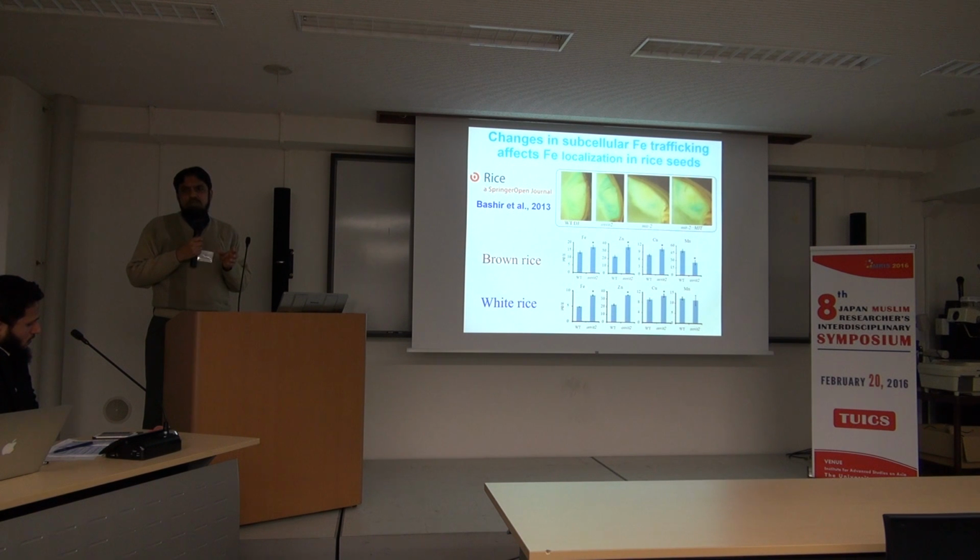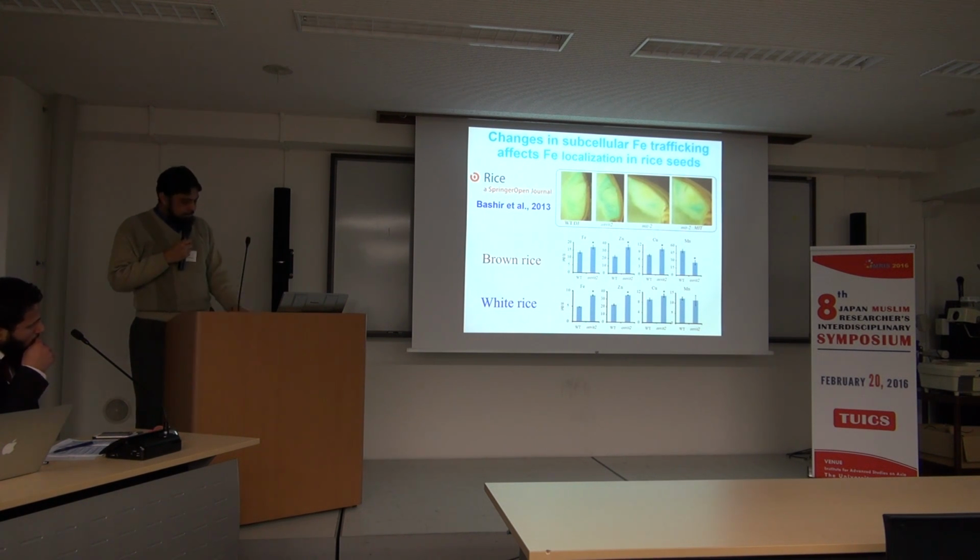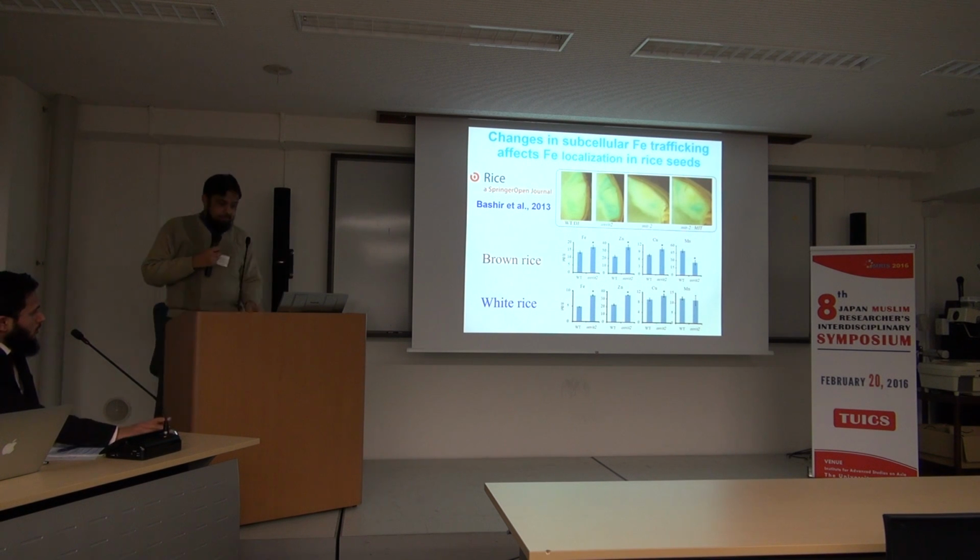We can increase these minerals in rice, and this is a very good idea for poor people who cannot eat meat every day, who mainly depend on rice for their daily diet. We can also stain iron. This is iron. You can see in this kind of mutant, the iron is less. In this kind of mutant, there's more iron. So you can actually regulate this.